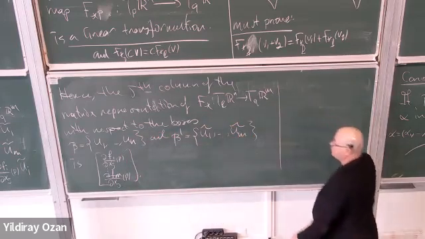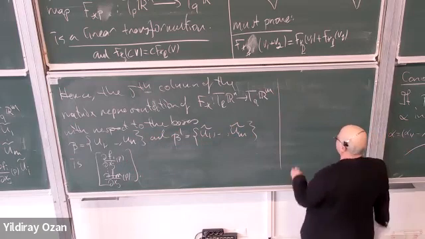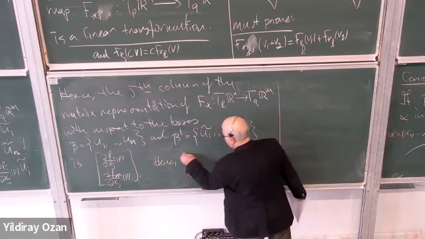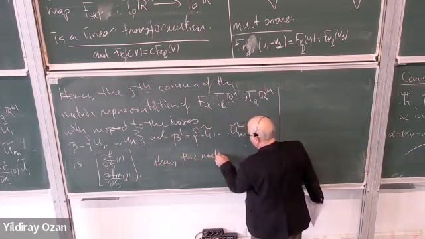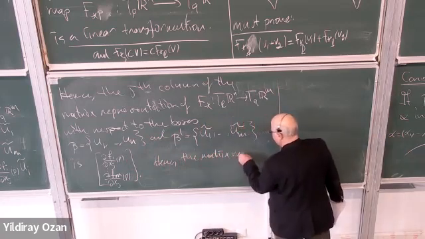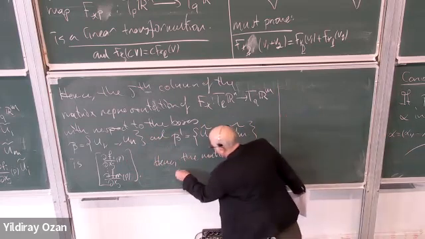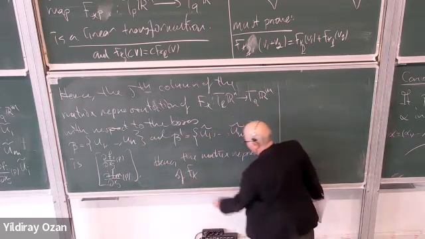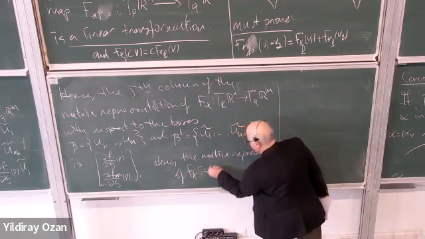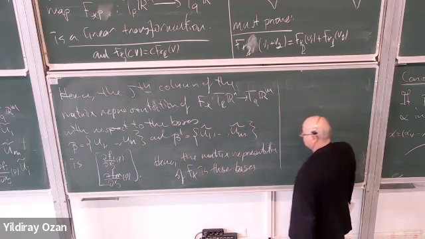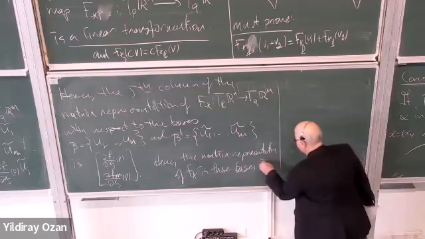So the matrix representation then, hence the matrix representation of F star in this basis is what?